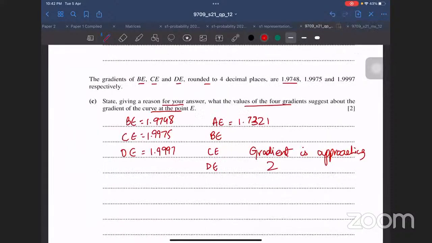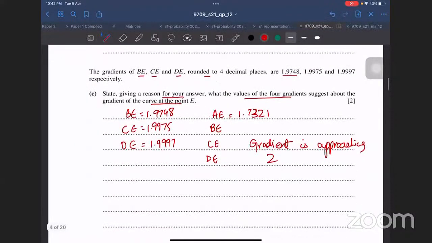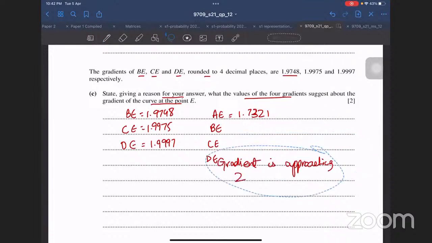Okay, since it says explanation, state giving a reason, I have to give you a reason. This reason lies in the idea of limits.